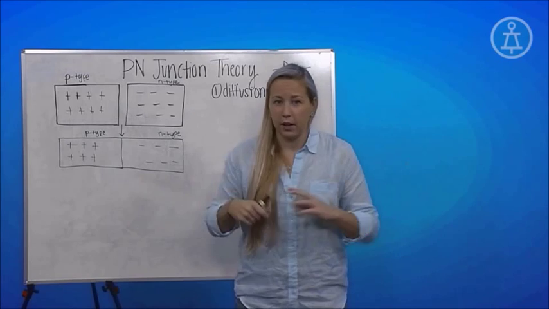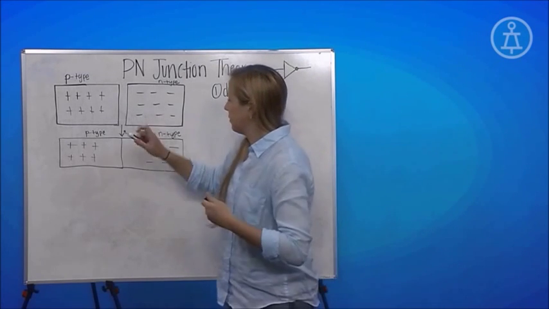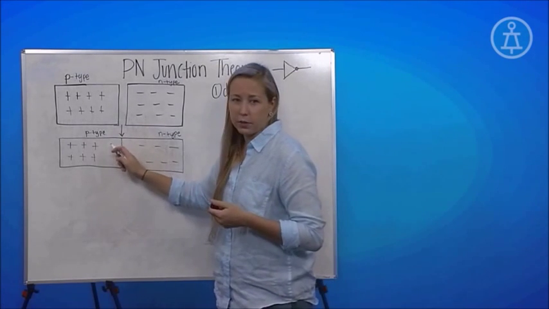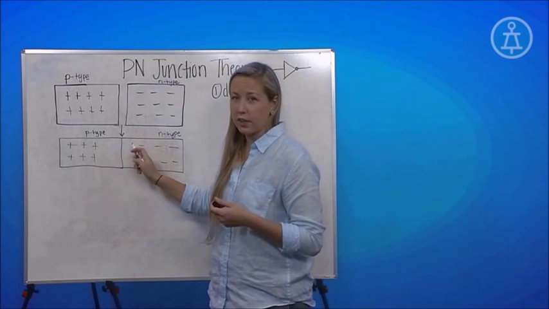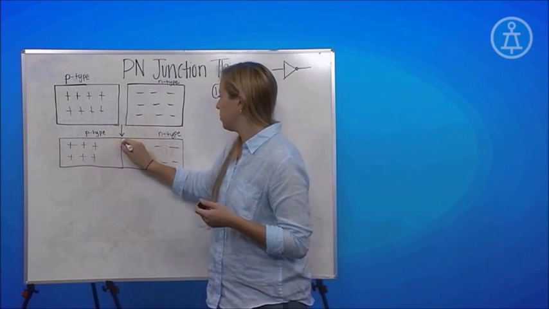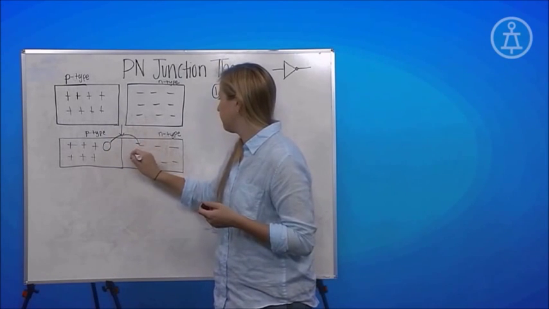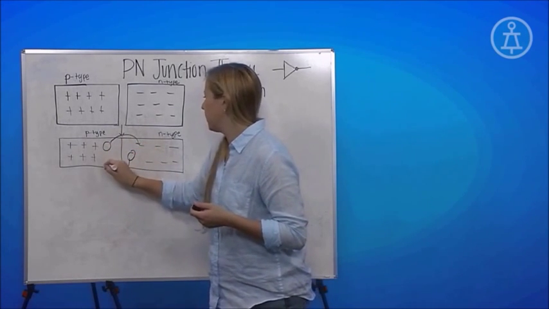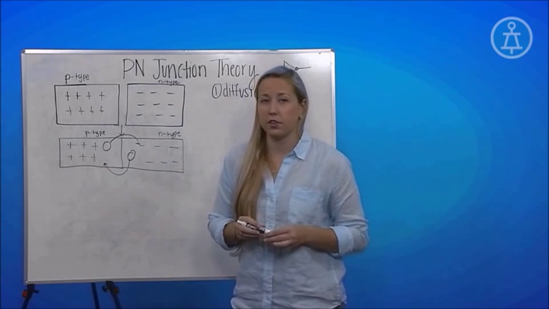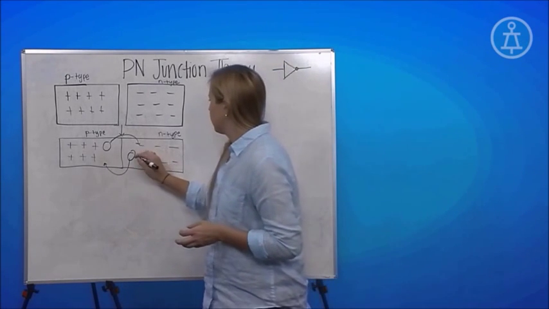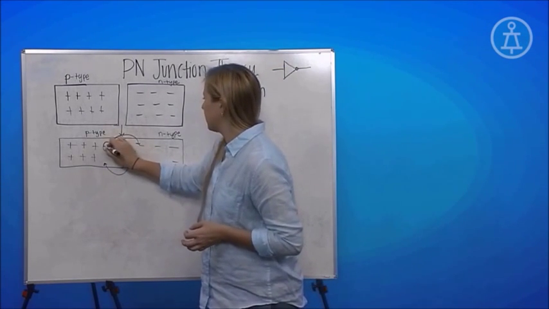So these free particles, these acceptors and donors, because they're closer to this junction, have the ability to move more from one to the other. And when they do, they leave an opposite charge there, and this charge is fixed.